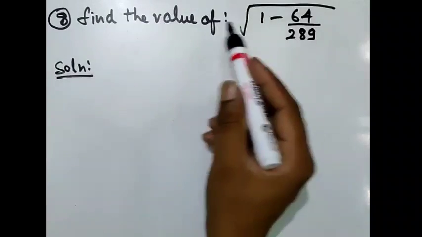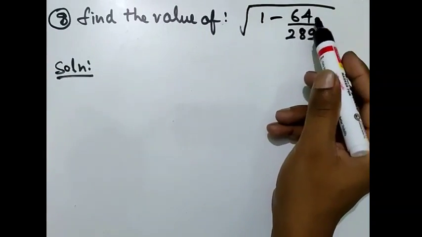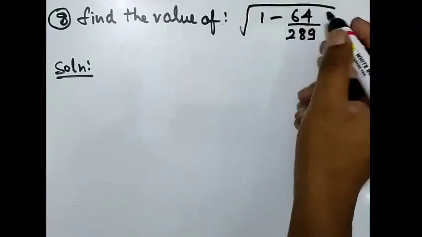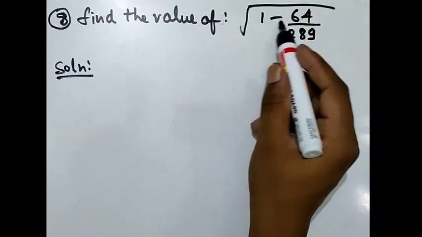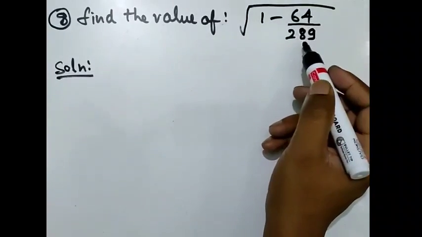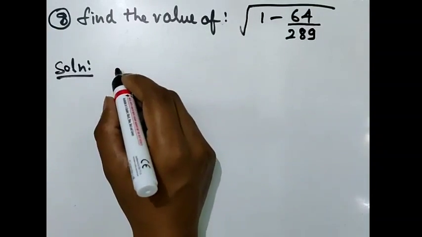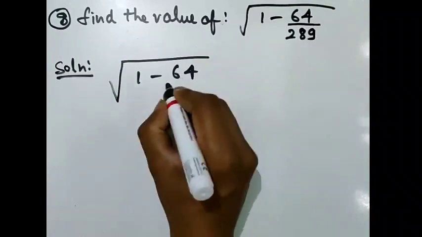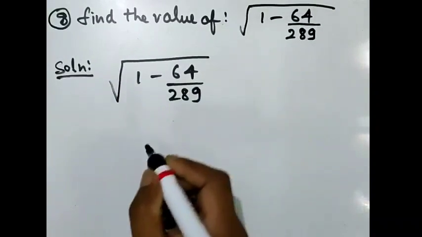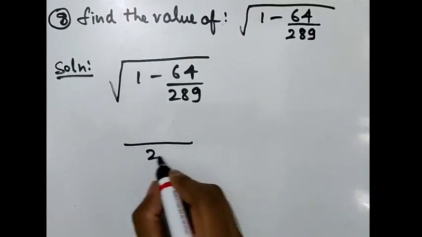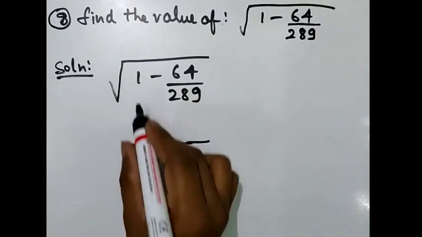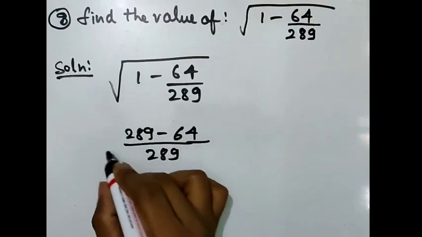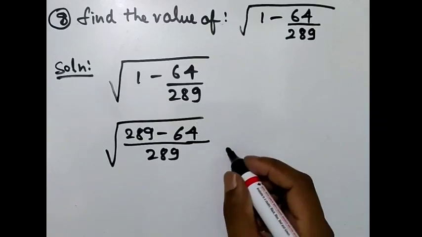Find the value of square root of 1 minus 64 by 289. So here, before finding the square root, you simply subtract 64 by 289 from 1. So square root of 1 minus 64 by 289, let's find the LCM. So it will be 289 minus 64 over 289, square root.